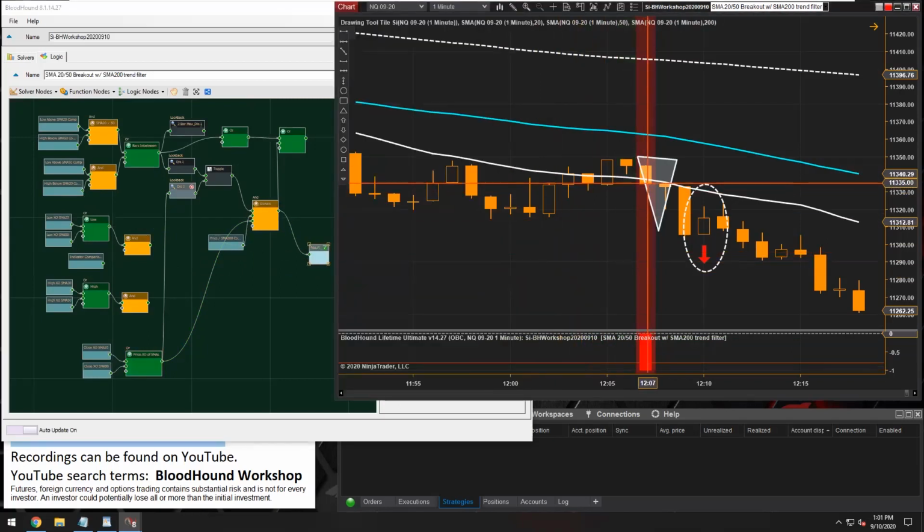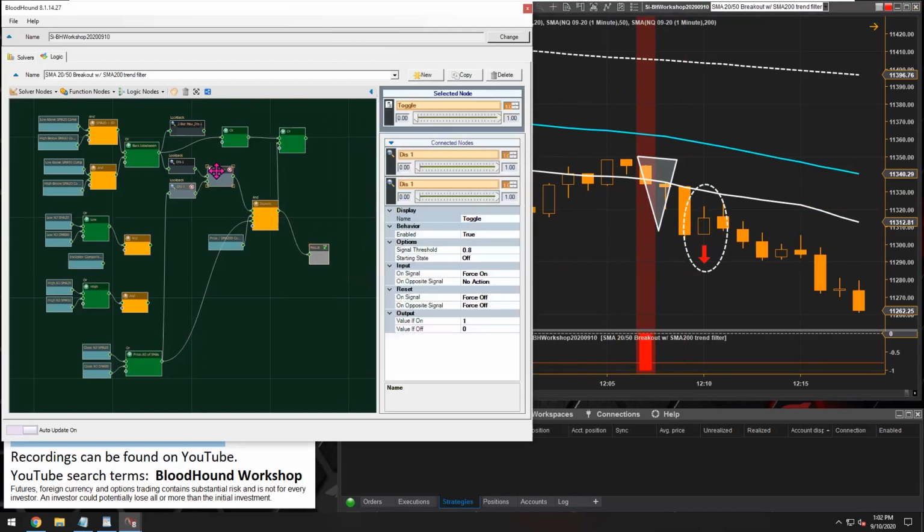When just the closing price crosses out of the two moving averages. So I could take this and extend it by a couple of bars, waiting for the entire bar. But I think what's going to get really complicated is building the logic that turns the toggle node off. Because remember, this toggle node needs to get turned off at some point.